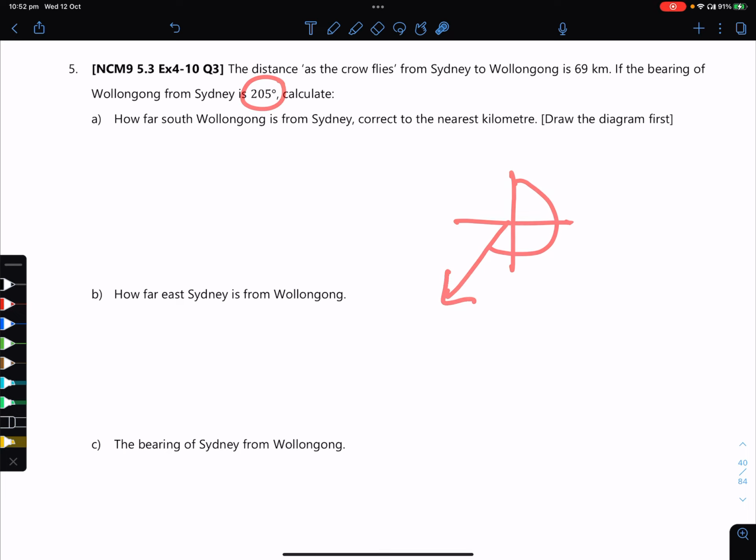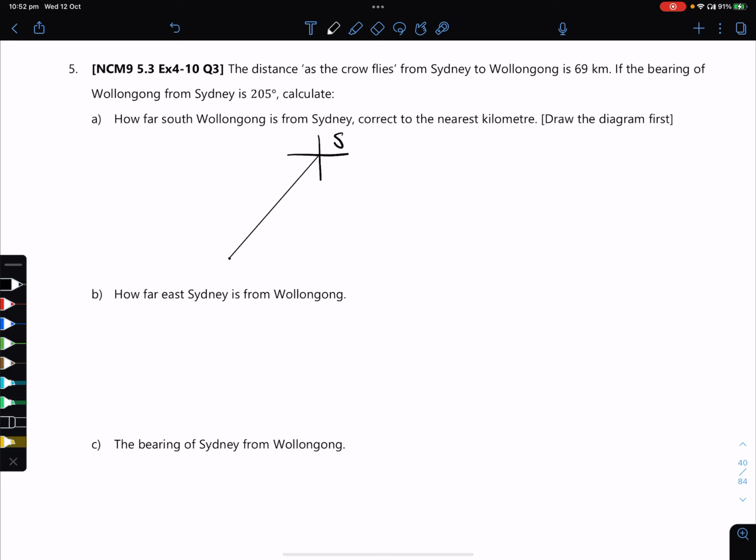So this is where Sydney's going to start. Okay, so we're going to draw something that looks like this. Okay, so since it says from Sydney, we're going to write this as S, and we're going towards Wollongong, which is W. The angle here is now 205 degrees.